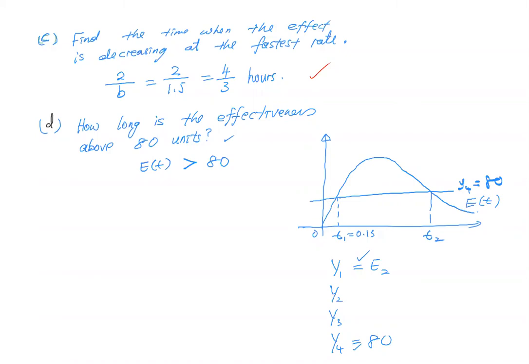T2 is 1.93. Do you all know how to get the value?